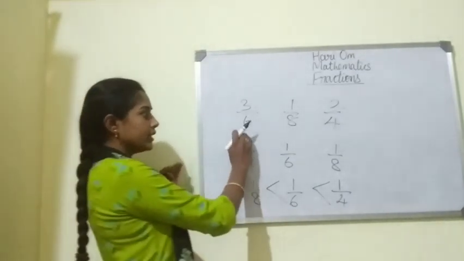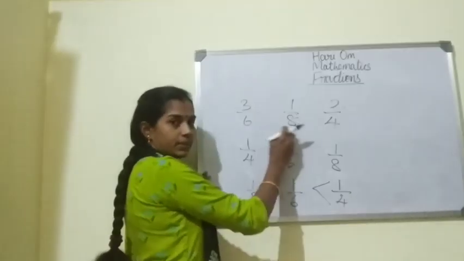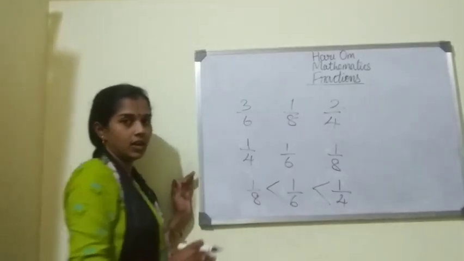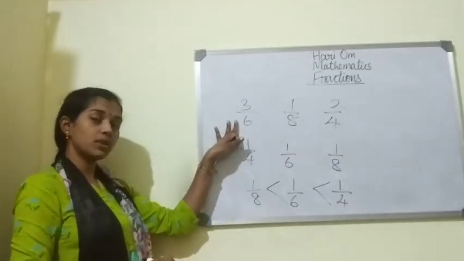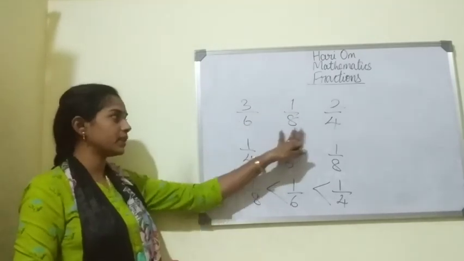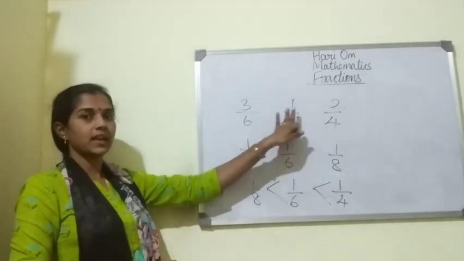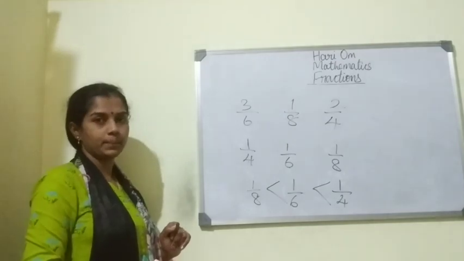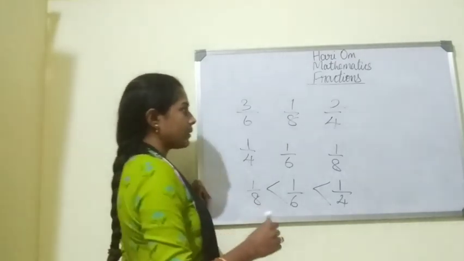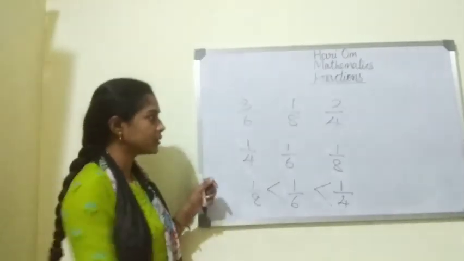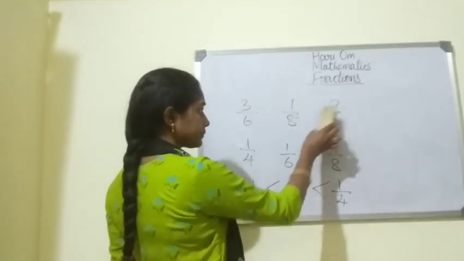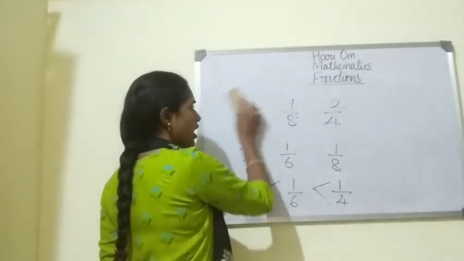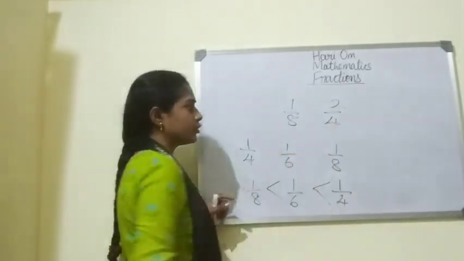If we have different denominators and different numerators, these are also unlike fractions. How to compare them? We can compare. Let us take these two fractions, 1 by 8 and 2 by 4.